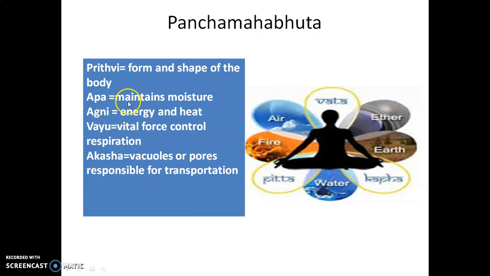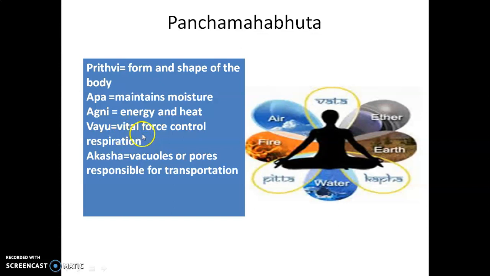Agni or fire or Tejas denotes the energy and heat, so that is responsible for the metabolism of the body. So this Agni is actually the replica of the metabolism of the body.